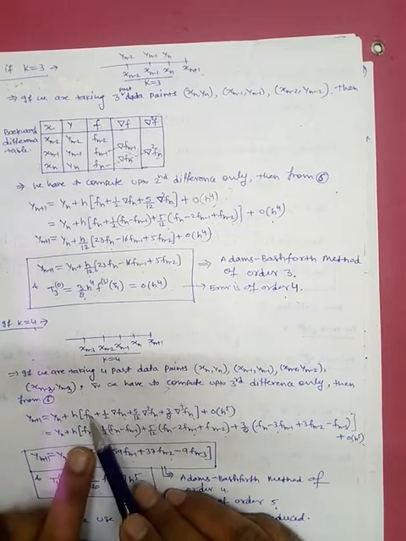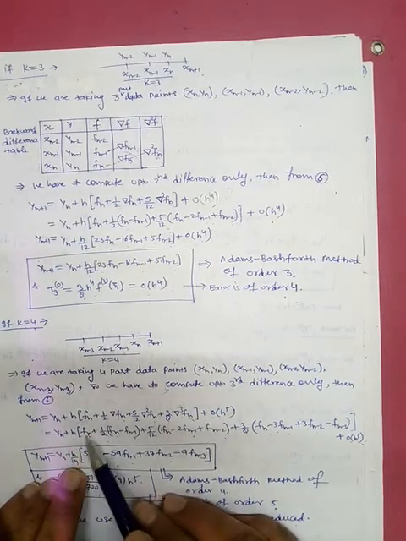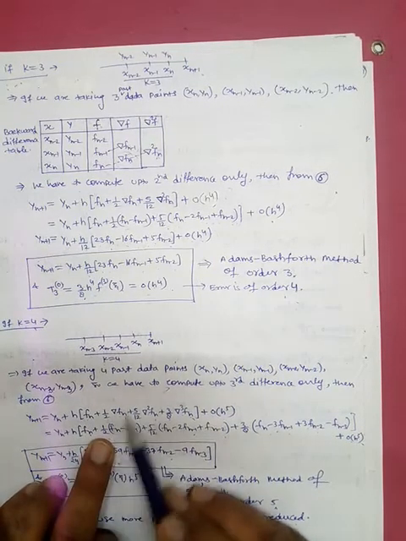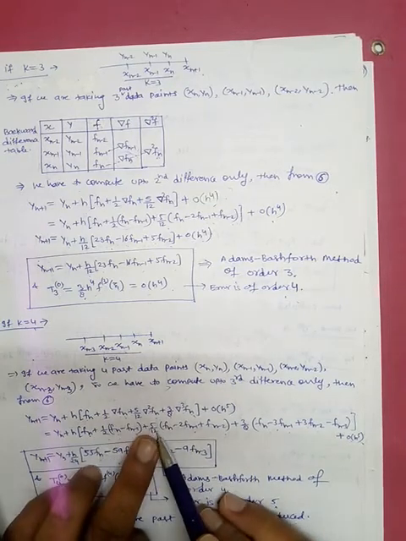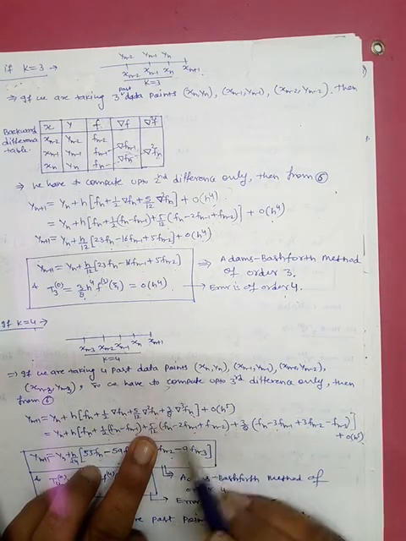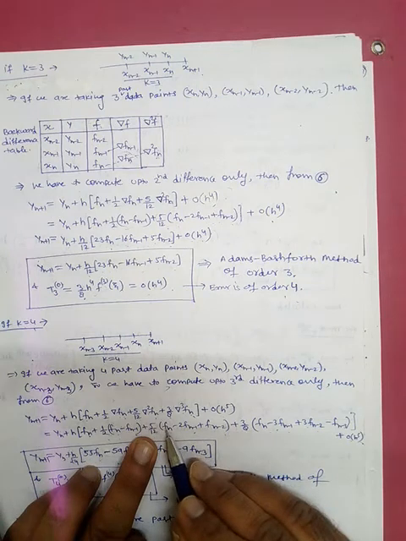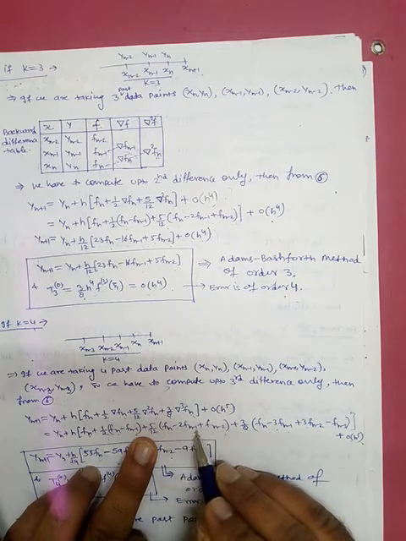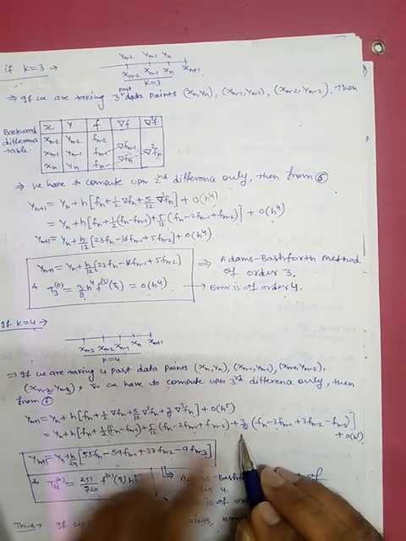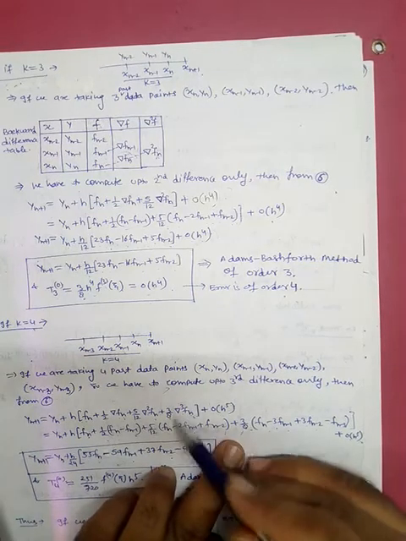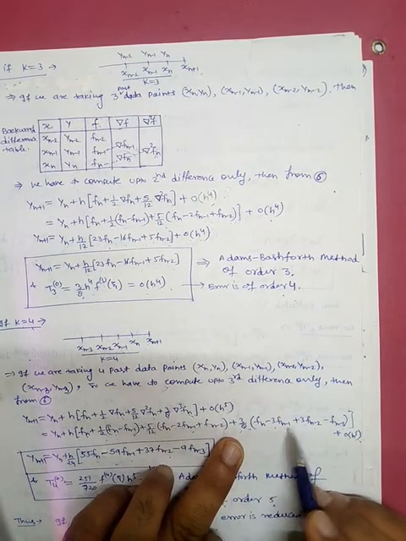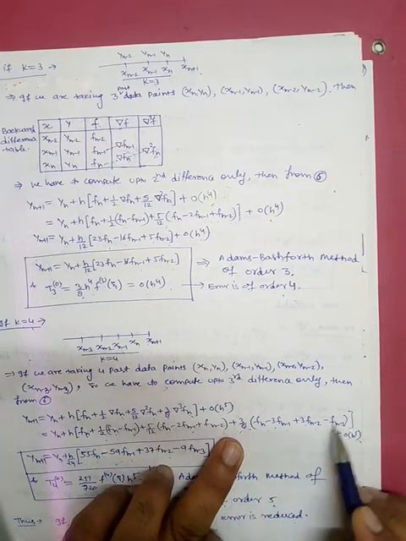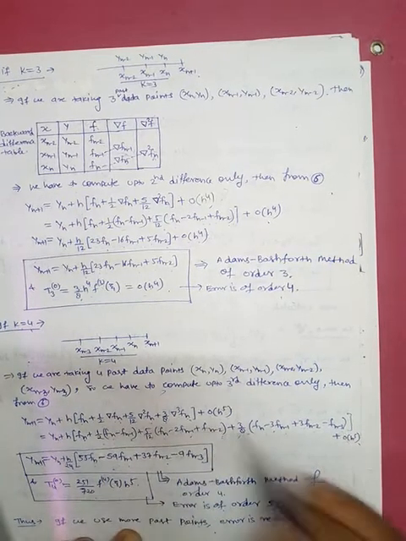So y_n plus h f_n plus half of this is nothing but f_n minus f_{n-1}, plus 5/12 times the second order difference, which follows the binomial expansion, so that's why this is f_n minus twice f_{n-1} plus f_{n-2}, plus 3/8 times the third order difference, which is f_n minus 3 f_{n-1} plus 3 f_{n-2} minus f_{n-3}, plus this error term.